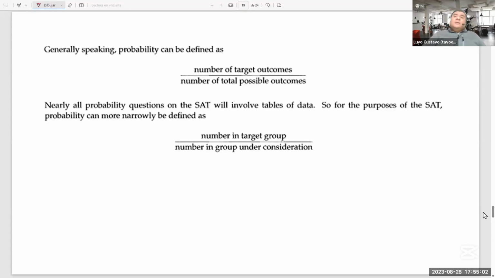When you talk about probability, you're talking about a ratio, a number, a figure, that measures the likelihood, or how possible it is, that a certain event turns out in one or more expected ways.